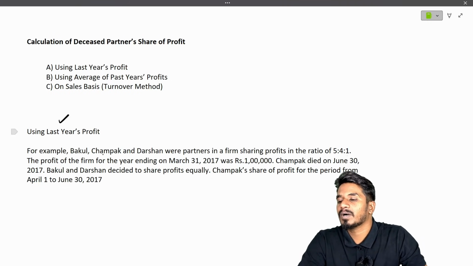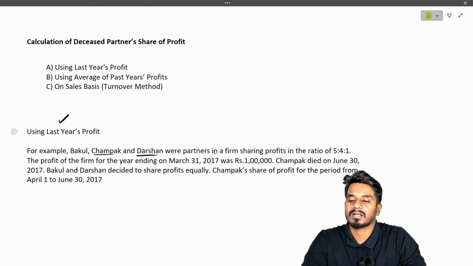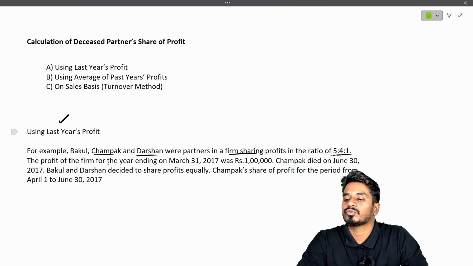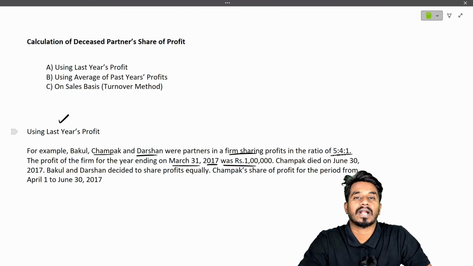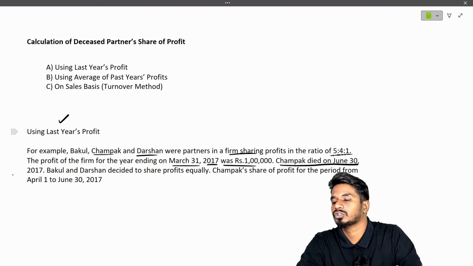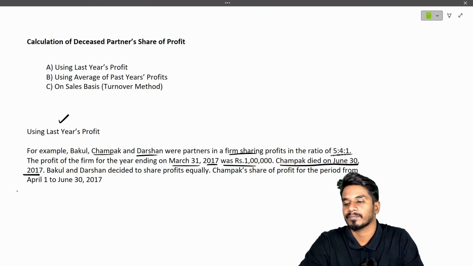For example, Bakul, Champak, Darshan were partners in a firm sharing profits in the ratio 5 is to 4 is to 1. The profit of the firm for the year ending 31st March 2017 was 1 lakh rupees. Champak died on June 30th, 2017.